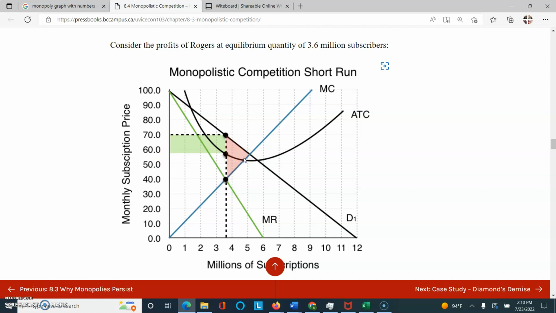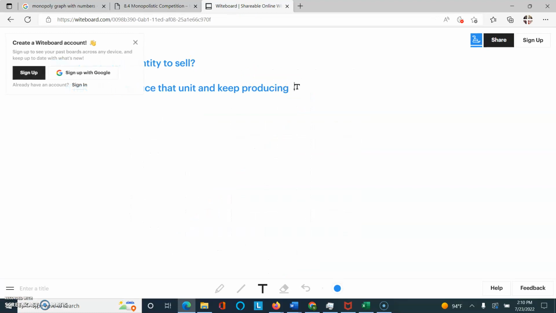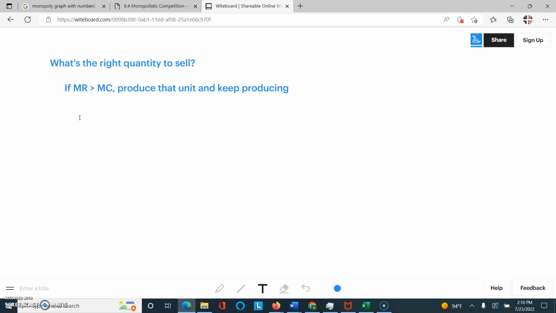So I'm actually losing money on a per unit basis when I try to sell those 5 million magazines. So that's too many. Well, if we think about that, algebraically, it's the opposite of what we just looked at. In other words, if marginal revenue is less than marginal cost, you're producing too much.